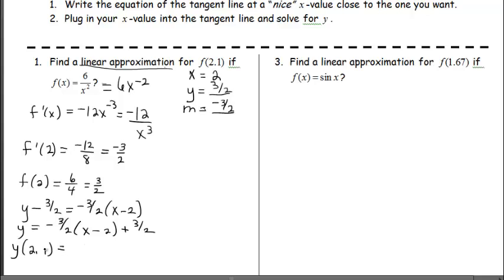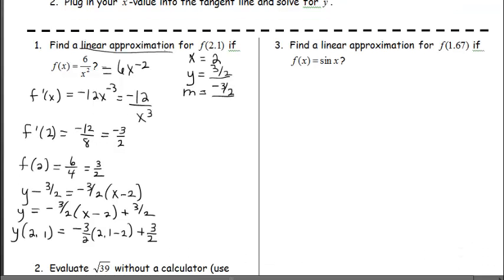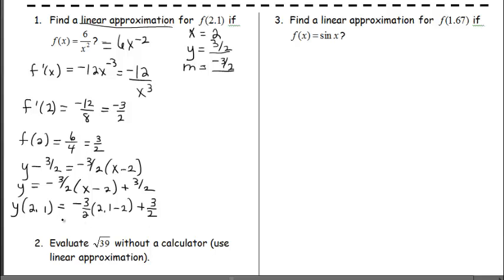It's easier to calculate. So negative 1.5 times 0.1 plus 1.5.